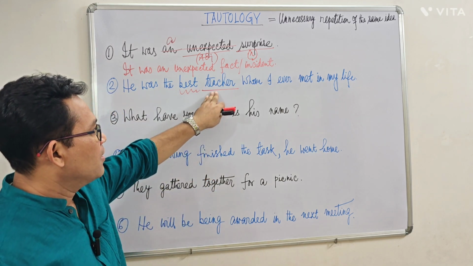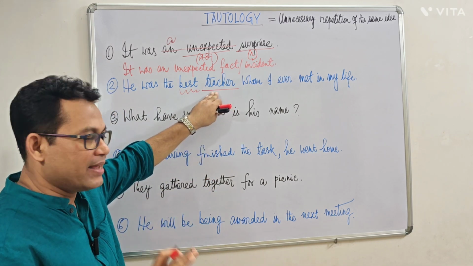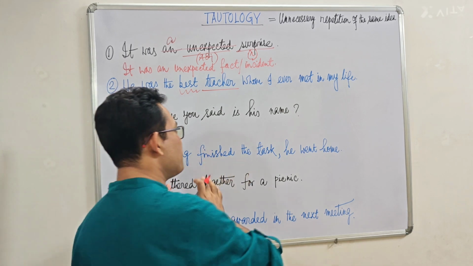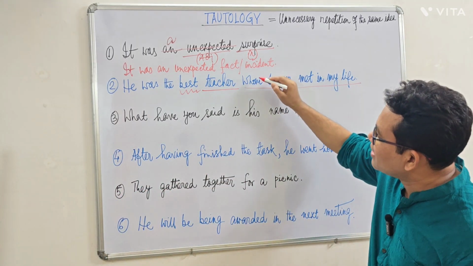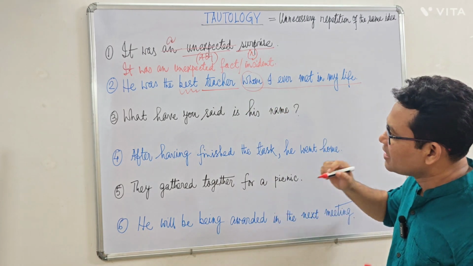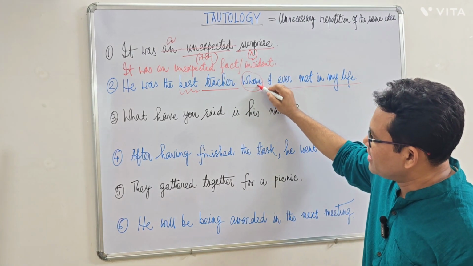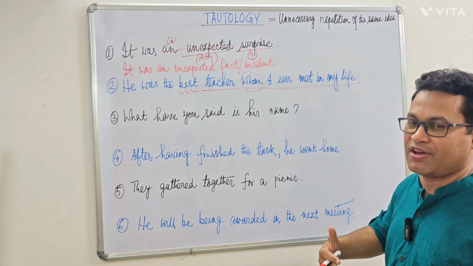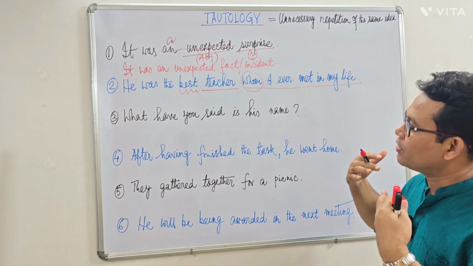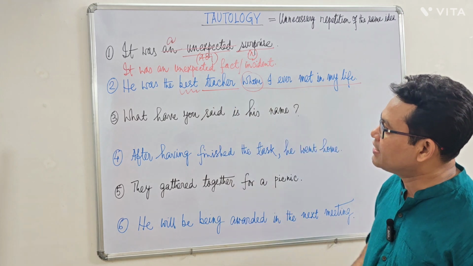That means the common noun teacher is now highlighted. We are doing the same thing through this relative clause beginning with a relative pronoun. That means whom, this relative pronoun, and the superlative degree best both are doing the same function to highlight or to specify the noun teacher.